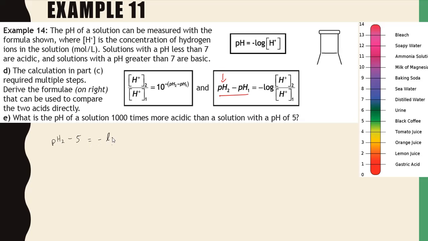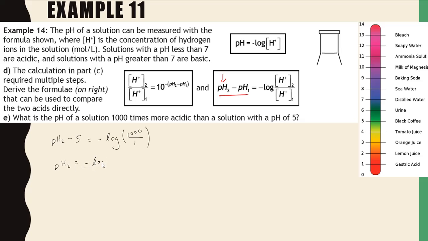Okay, so I got negative log. Now, again, I have the 2 first, so the one I'm looking for is in my numerator, and I'm told that it's 1,000 times more acidic, meaning it's going to be 1,000 on my numerator, and this is just relative to each other and compared to 1. It also made this calculation easier, because otherwise if I flip these, this would be 1 over 1,000, which isn't the worst thing. But all right, from here then, I can just add 5 to both sides.